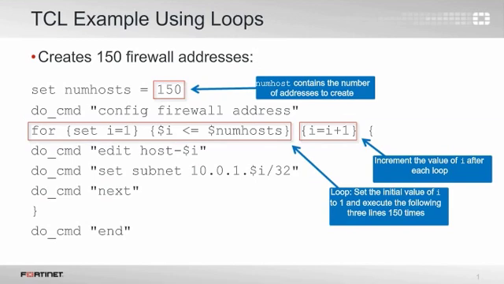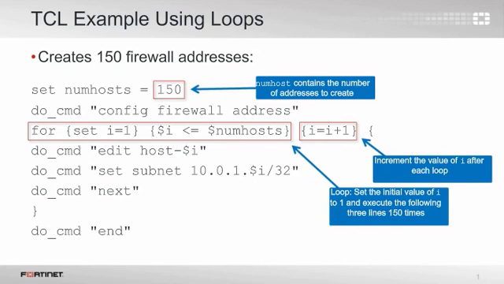The variable numHosts contains the number of addresses to create. The variable i starts with a value 1 and is incremented after each loop. The loop is executed a number of times equal to the variable numHosts. Inside each loop, the variable i is used to set the name of the firewall address and its IP address.